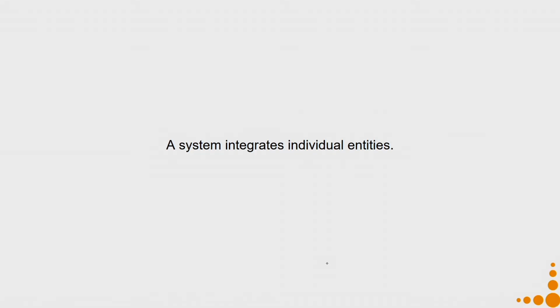And the individual interacting entities could not have given all those possibilities. So a system integrates individual entities. So anything in which you have a couple of entities and there is a way in which those entities are integrated with each other, you can call that a system.